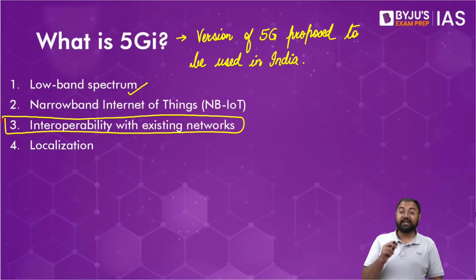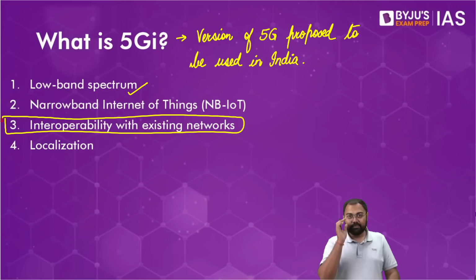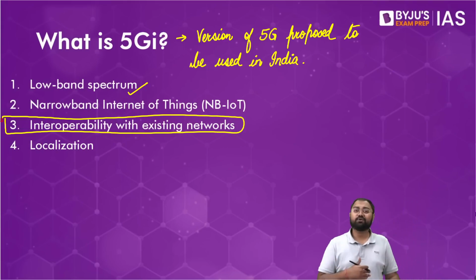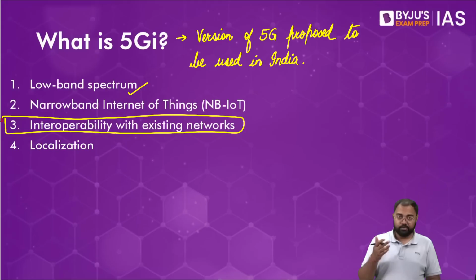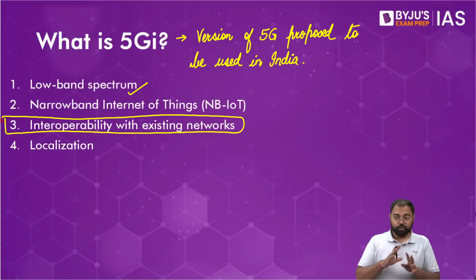We need to find a way to use them better even for our 5G connections, because otherwise the total money that we have to spend on establishing 5G networks would be huge. This will be a huge burden on all the telecom companies, and also, when it comes to 5G integration of the entire country, it will take a lot of time if you go by the normal procedure of 5G establishment.